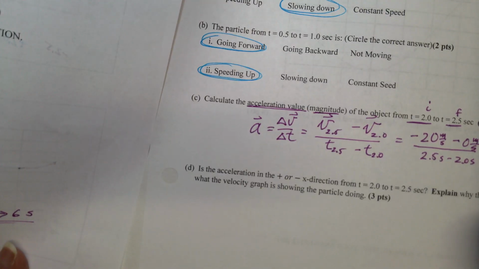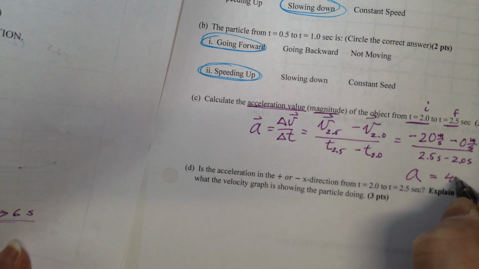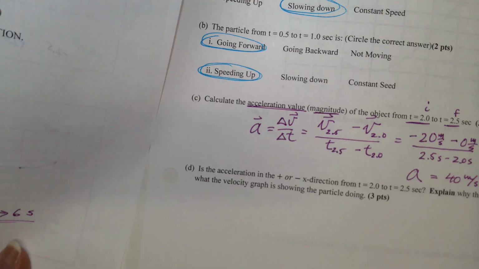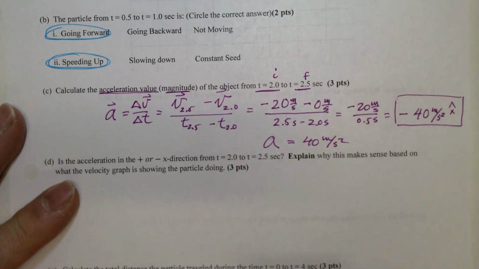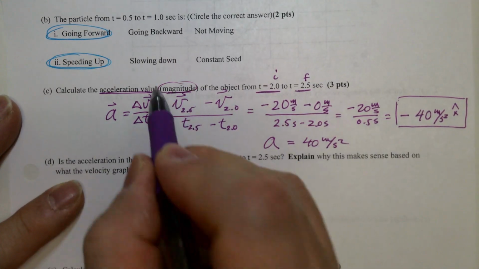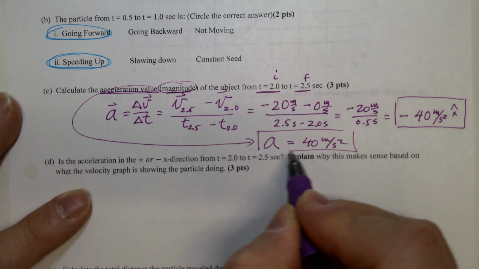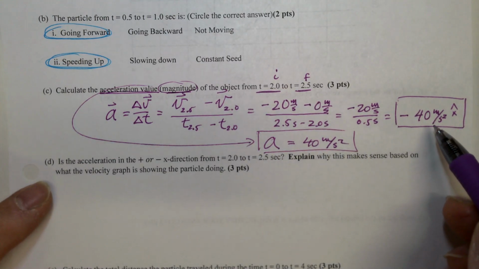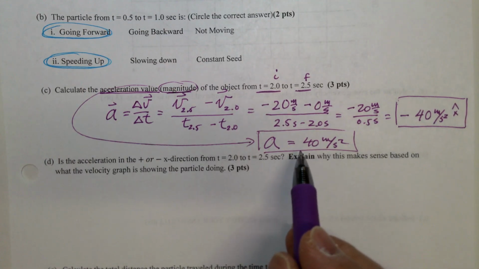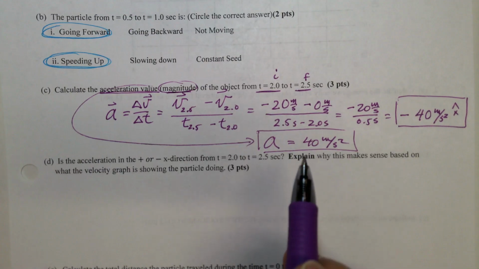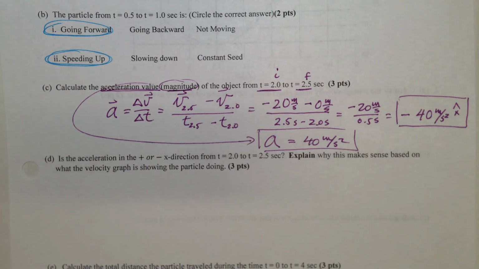But since they just want the magnitude, you could say my acceleration is 40 meters per second squared. Is fine. But this is the proper acceleration, okay? Since they want just the magnitude means just the numerical value, so this is good. But if you gave me this, I probably won't mark you wrong, okay? But that's what the magnitude means. This is the actual correct answer, okay?